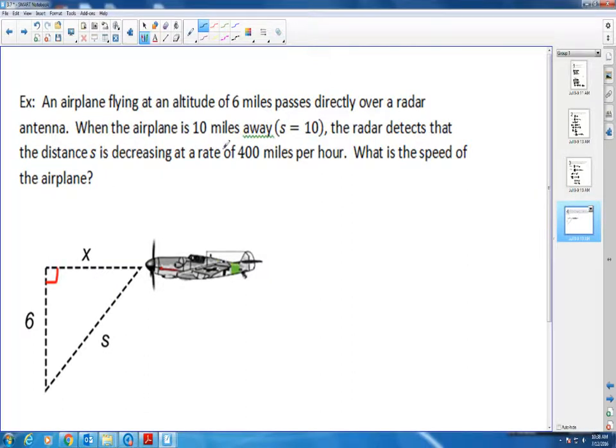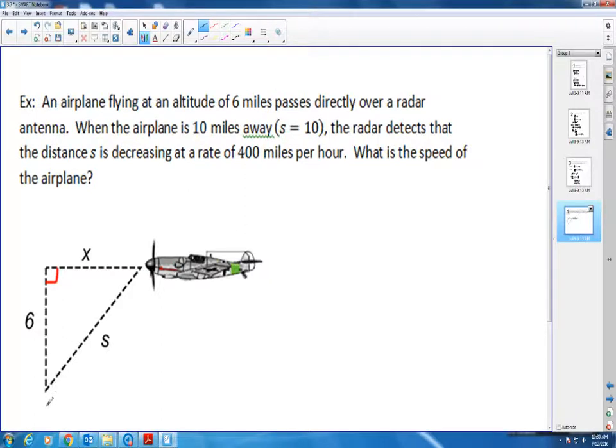When the airplane is 10 miles away, let's call that s equal to 10 miles away, the radar detects the distance s is actually decreasing, because as an airplane is going to an antenna here, this s is actually decreasing. Alright, so the radar detects the distance s decreasing at a rate of 400 miles per hour. What's the speed of the airplane?